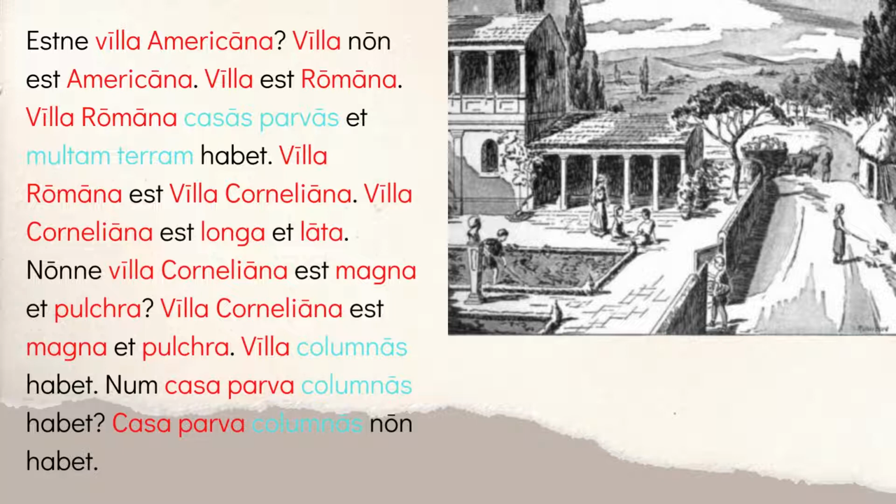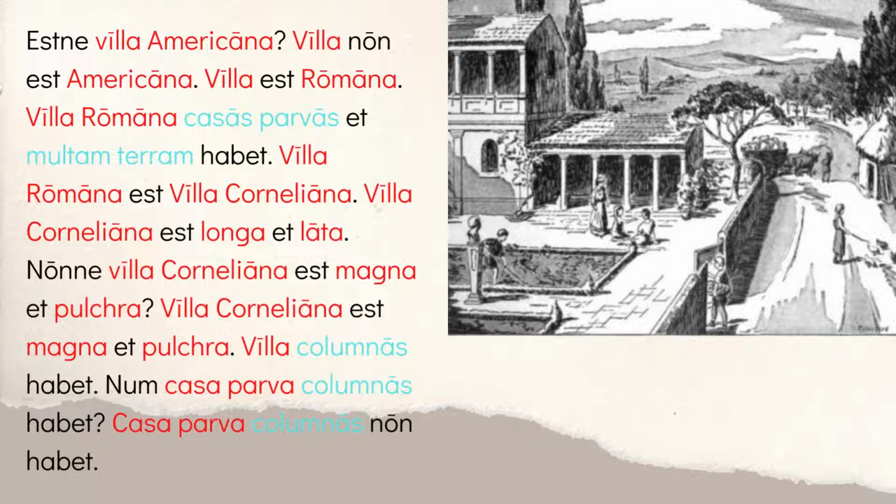Then you have num casa parva columnas habet. So here the num means you're asking a question where you're expecting no to be the answer. So the main part of this question is casa parva, the small hut, you might say, has columns? You're asking, does it have columns? Columnas is your direct object. So we know that the villa has columns. Does the little hut?